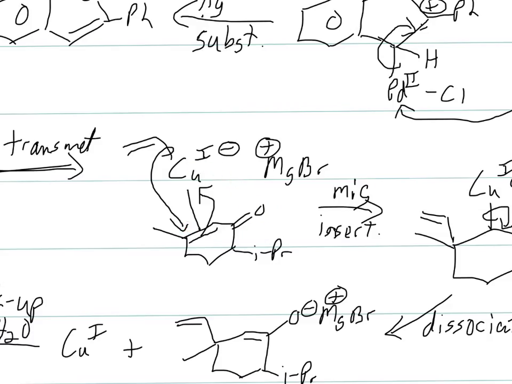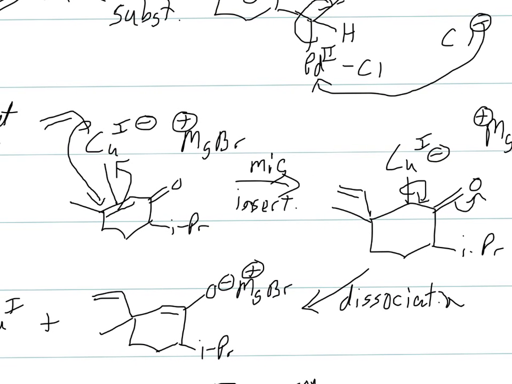I didn't show it here, but you can imagine a 1, 2, 3, 4, 5, 6 member ring transition state where the copper delivers things into the beta position of an alpha beta unsaturated carbonyl system. So it likes to get into that 6-member ring transition state. So it delivers that. Pi bond comes up. Again, it's like a migratory insertion, right? One ligand migrates onto another.